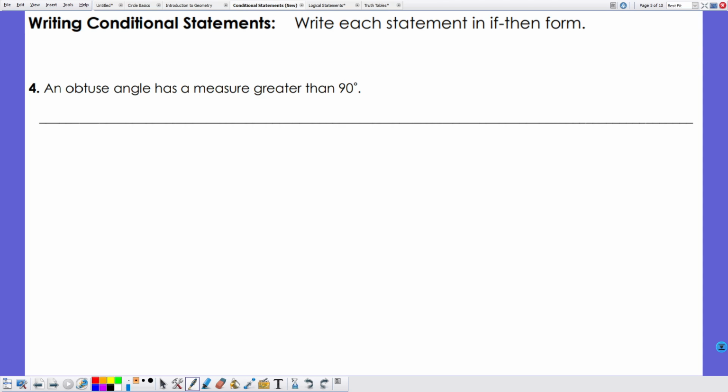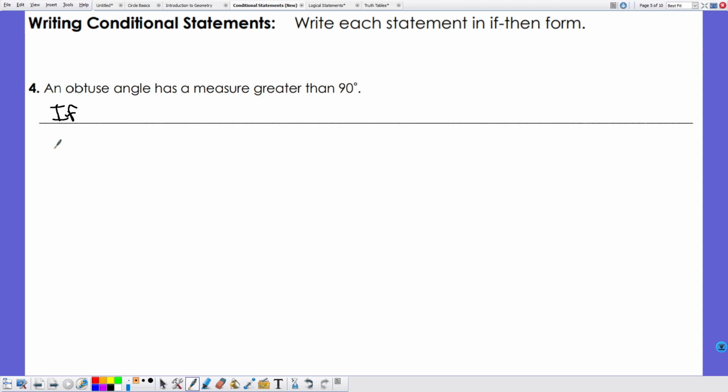So we start out by writing if. Now let's think what makes sense. What part of this statement can be used to conclude some fact? Well, usually the if part is in the beginning of a sentence.